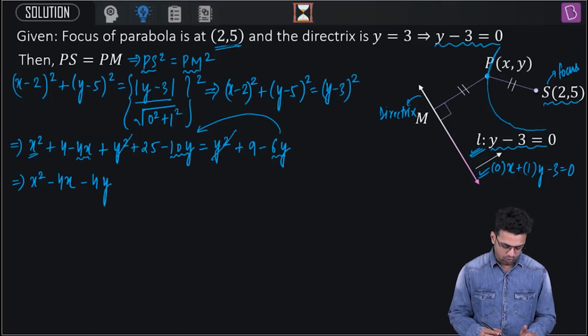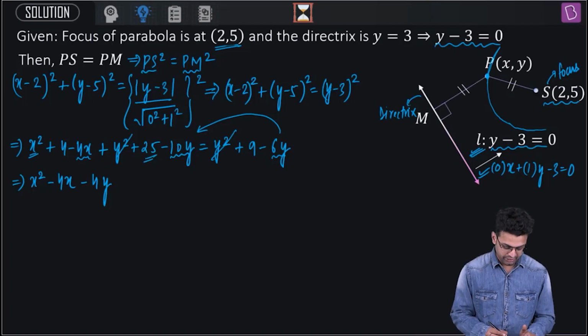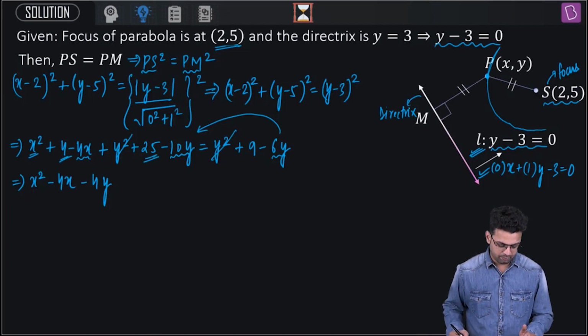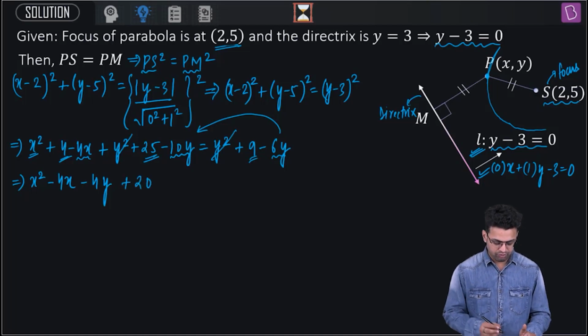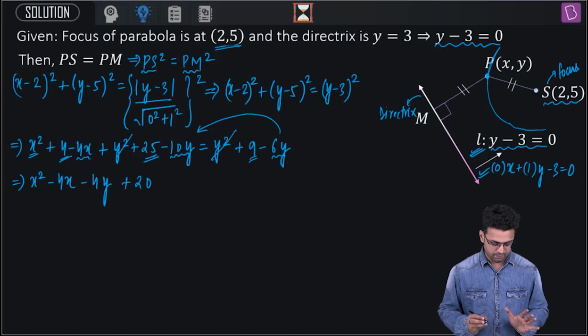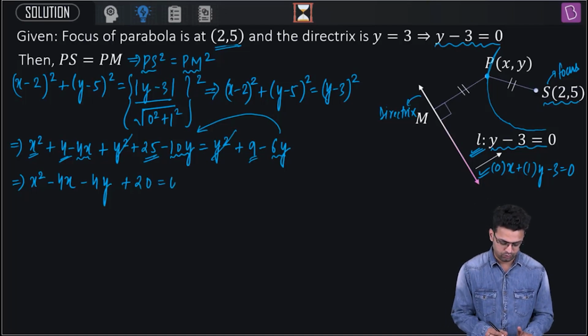Okay. Now what is left is just the set of constants. So 25 plus 4 becomes 29 and there is a 9 on the right hand side which will get subtracted from 29. So what I'll get is plus 20. So finally I have x square minus 4x minus 4y plus 20 is equal to 0.